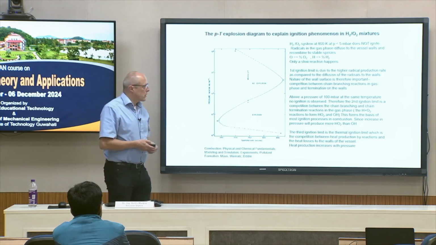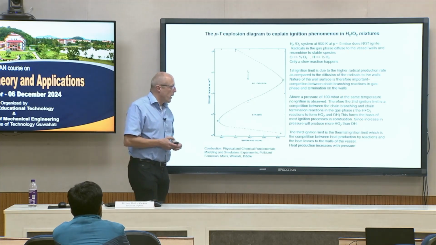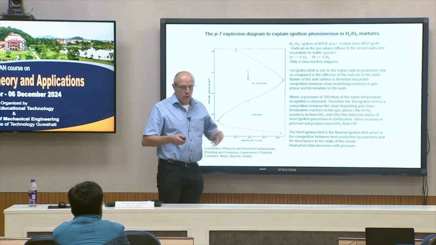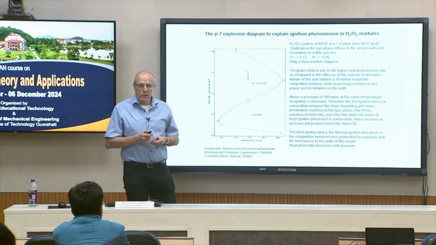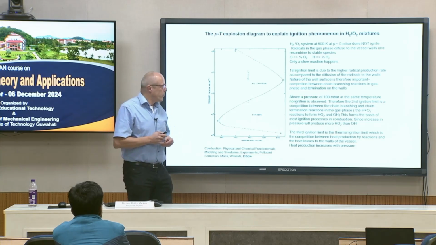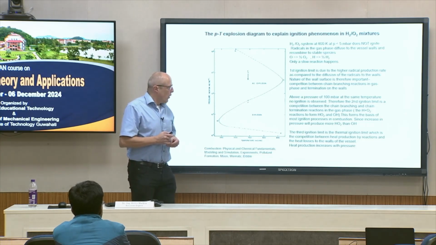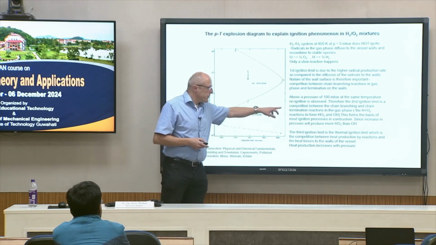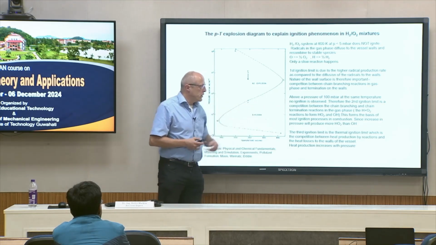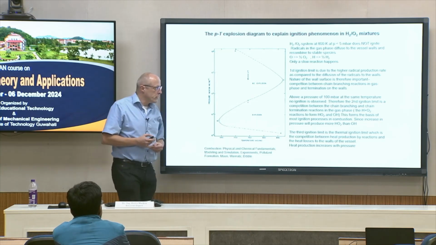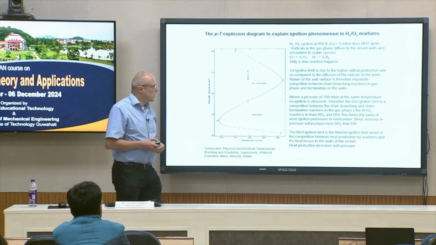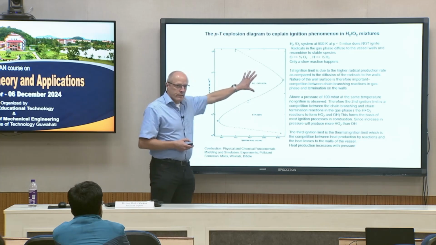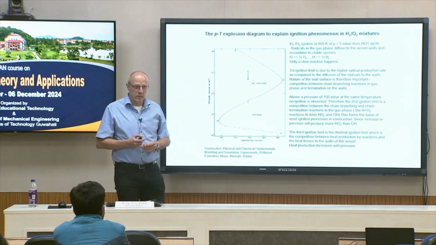So a colliding partner is involved, and of course at higher pressures these collisions occur more often, and so this competition between the formation of OH and the formation of HO2 at this point decides no ignition takes place.